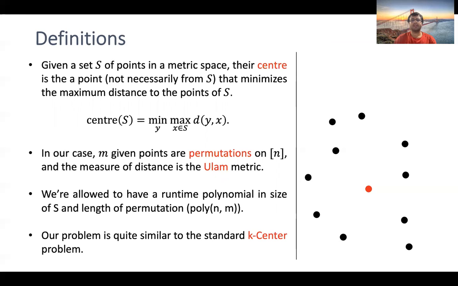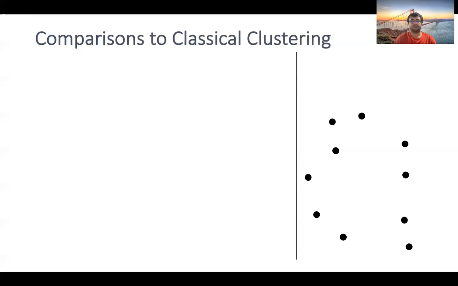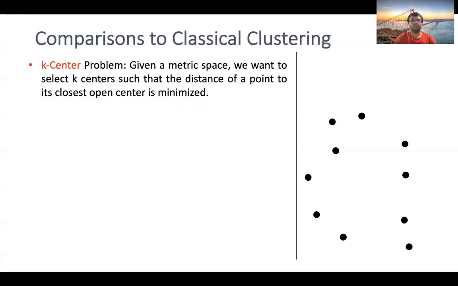This problem is quite similar to the classical k-center problem. The classical k-center problem has great impacts on approximation algorithms and has been vastly studied. Okay, but there are subtle and very important differences between our setting of clustering and their setting of clustering. In the k-center problem, we want to pick points inside the metric space such that the distance of a point to its closest open center is minimized.